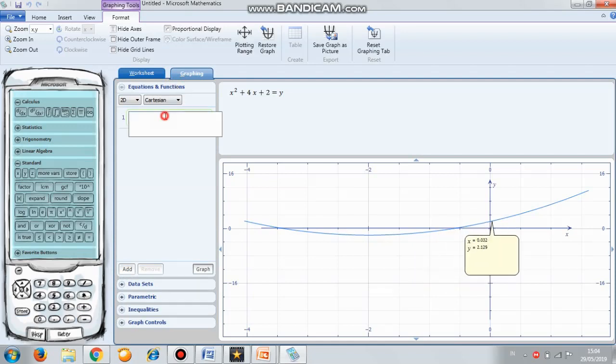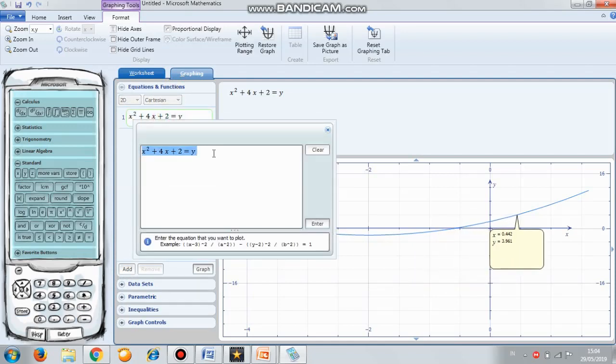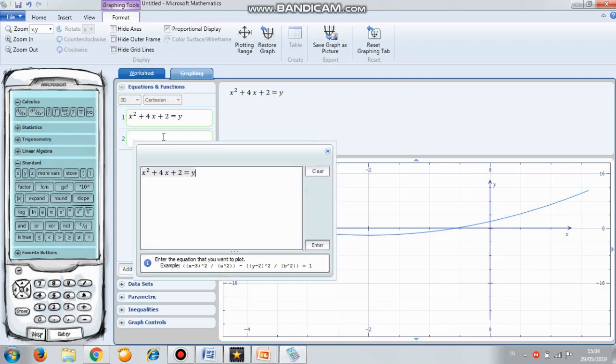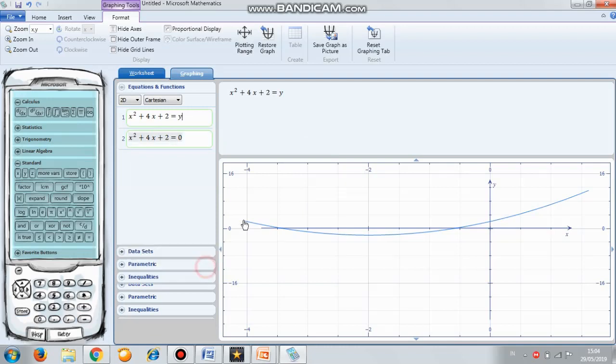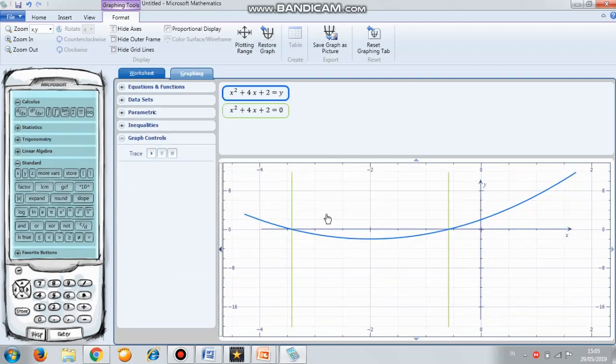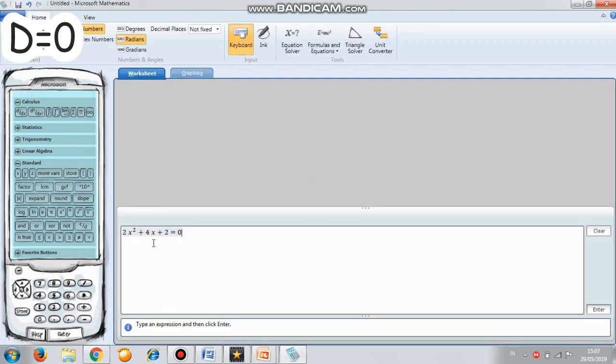So we can trace it. You can write it there, equal to 0. To find the value of x when y is 0, there are 2 values of x.